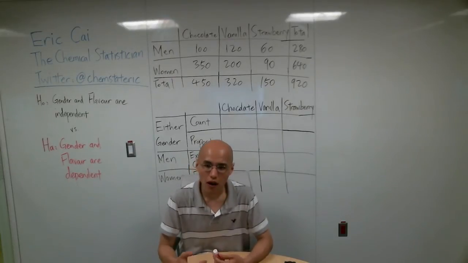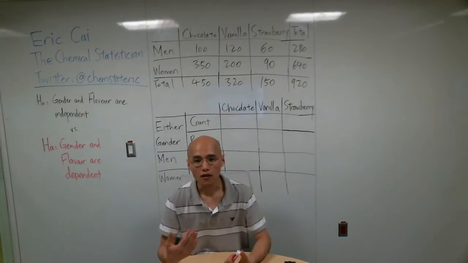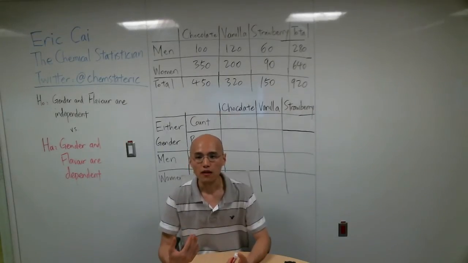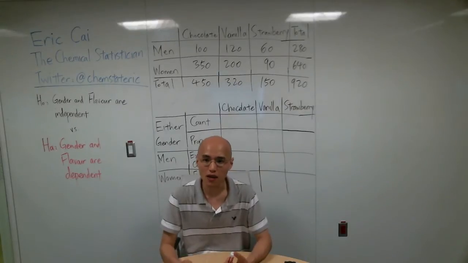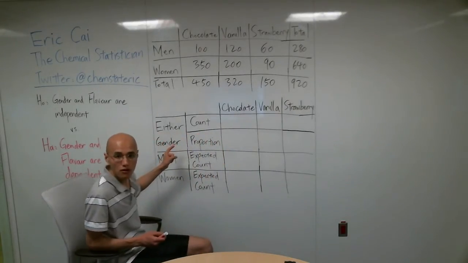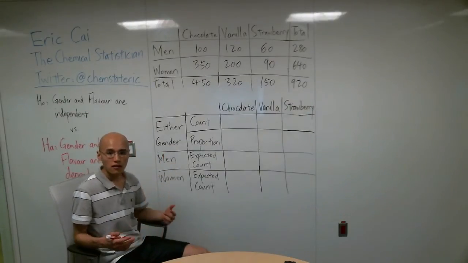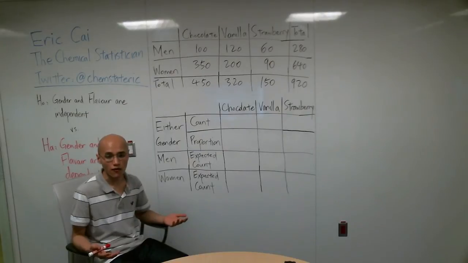The first method of calculating expected counts relies on the fact that the proportions of people who prefer chocolate, vanilla, and strawberry are the same for either gender. That's the definition of independence between two categorical variables as applied to this example.